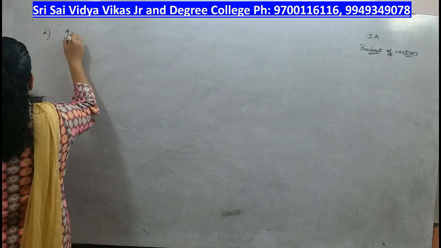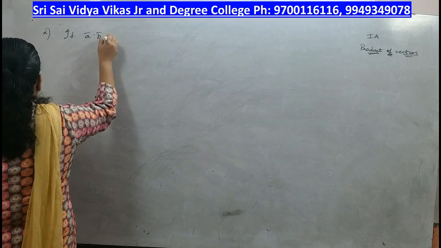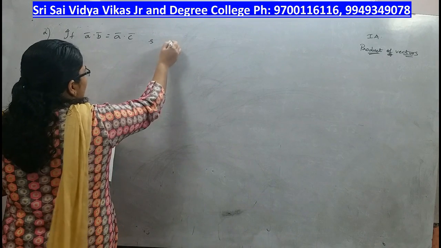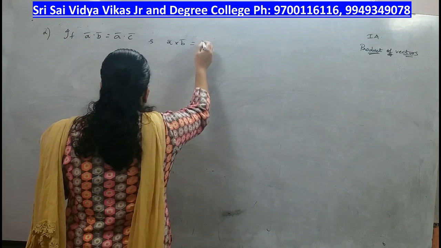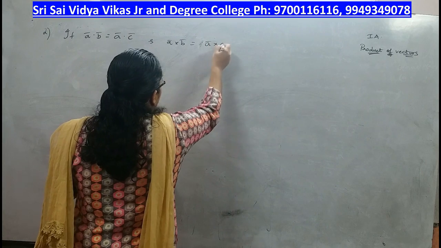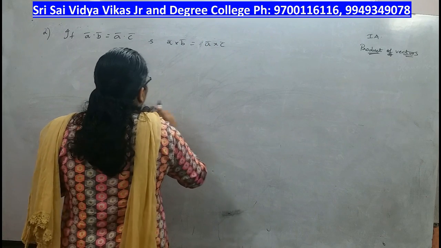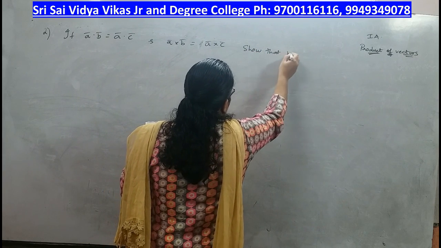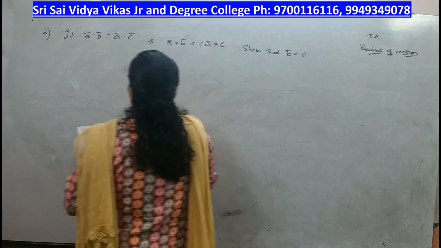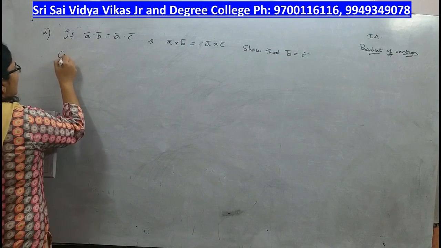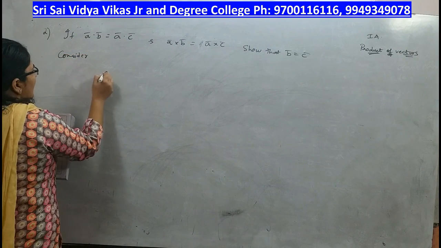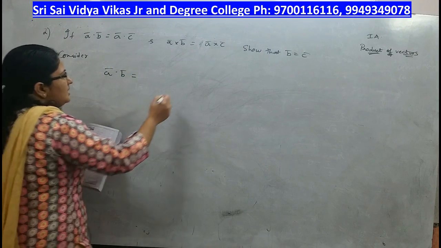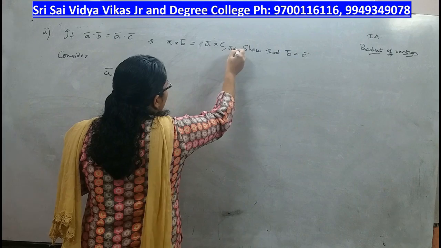Second one, if a bar dot b bar is equal to a bar dot c bar and a bar cross b bar is equal to a bar cross c bar, show that b bar is equal to c bar. Now consider a bar dot b bar is equal to a bar dot c bar; here you have one condition, a bar is not equal to 0.